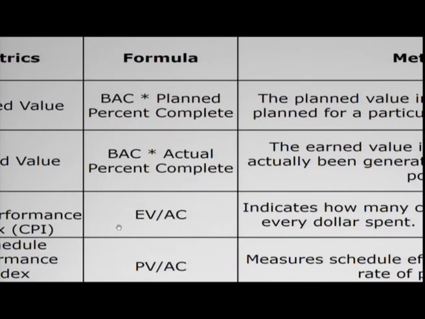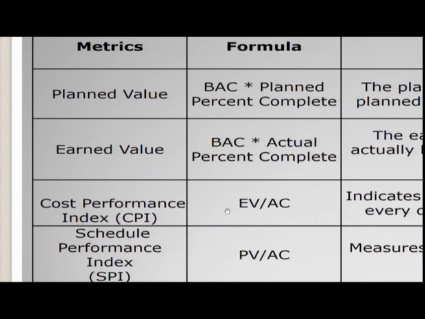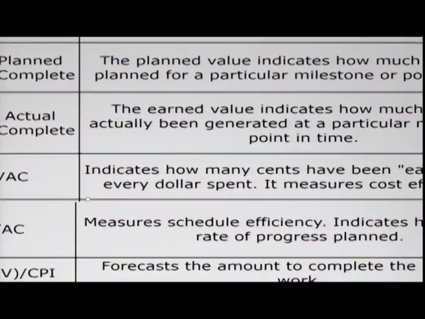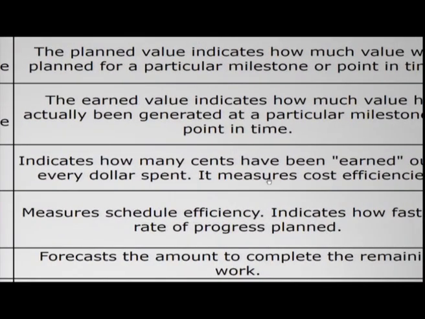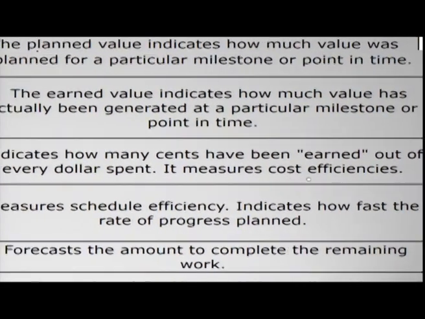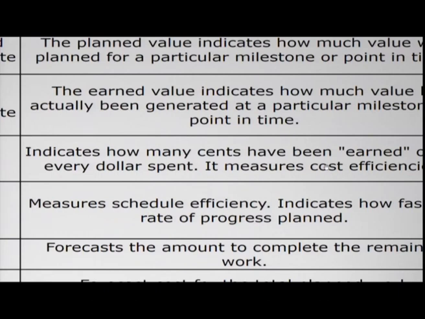Now, the third metric is cost performance index, in short called CPI. You calculate the CPI based on a formula: earned value divided by actual cost. Earned value is denoted as EV, actual cost is denoted as AC. So, EV by AC. The metric analysis indicates how many cents have been earned out of every dollar that is being spent.